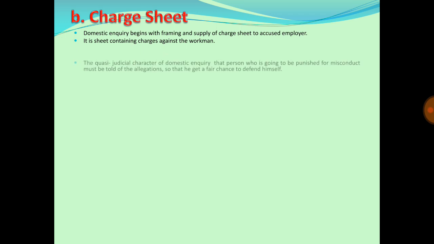Friends, charge sheet, as the name itself suggests, is nothing but the sheet containing charges against the accused person. Actually this process starts with framing of the charge sheet and supplying it to the accused.